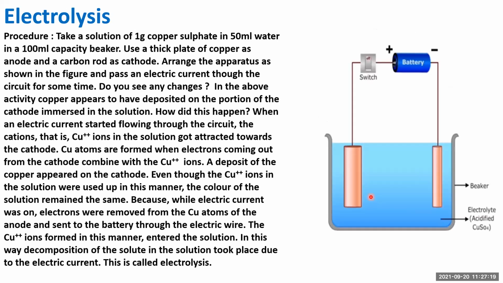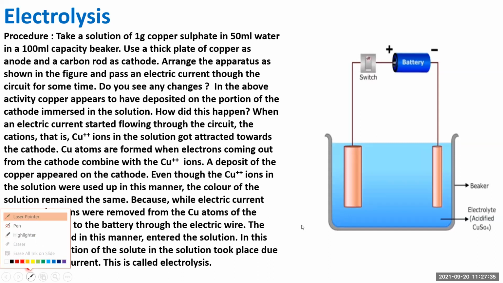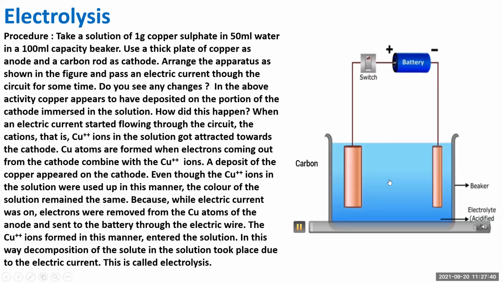Now we have also discussed the electrolysis process, electrolysis of copper. It is understood using an activity. We took the electrolytic solution of copper sulfate, then two electrodes, a carbon electrode and a copper electrode.